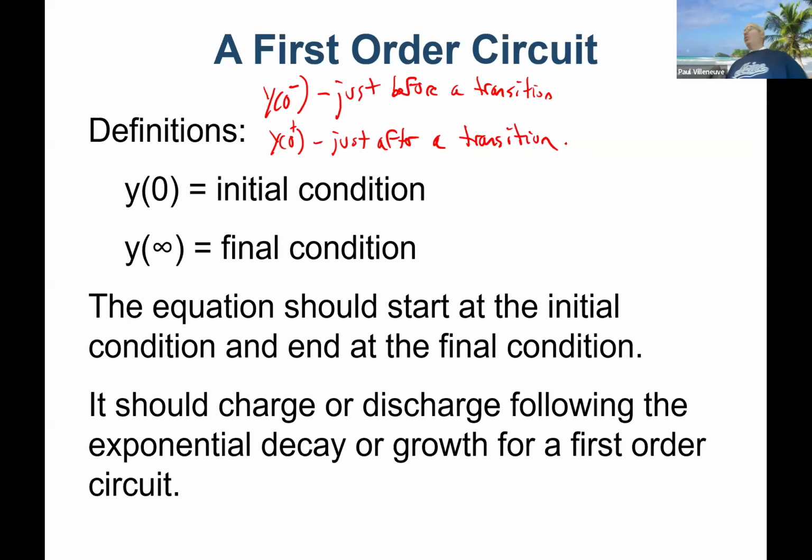Okay? And what do I mean by a transition? A transition usually means that the circuit gets energized, a switch gets closed, a switch gets opened, or a power supply gets turned off. Any time you're changing the circuit by taking something in or out would be considered a transition.